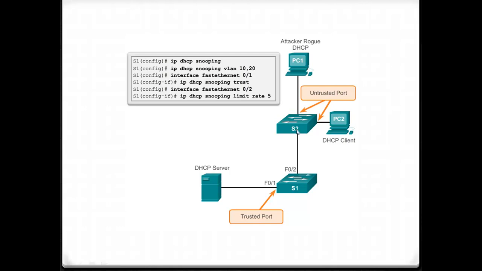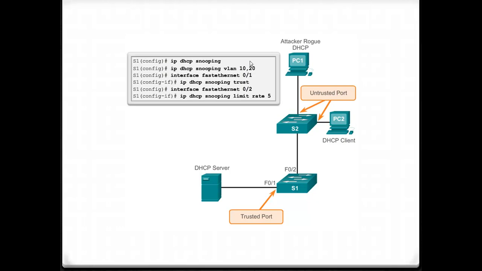The other ports on switch 2 are untrusted ports, meaning that if any DHCP servers got plugged into these ports, they would be shut down and DHCP requests would not be responded to. So in global configuration, we turn on DHCP snooping.